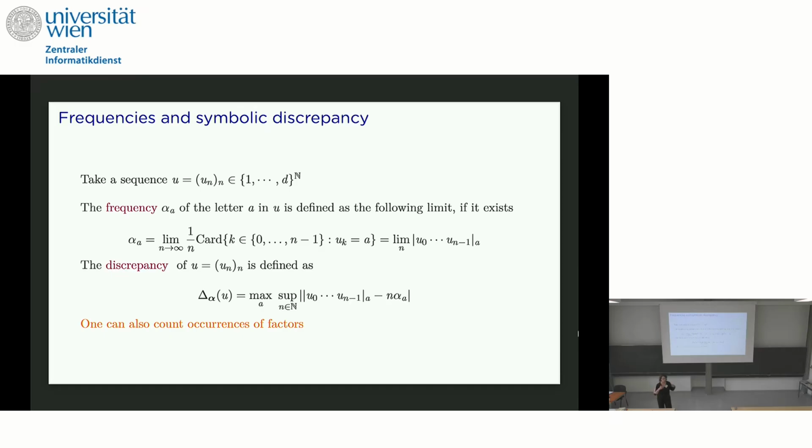In the same way as we took the first n terms k alpha, and you want to see how often you visit an interval, that's the same: you take the first n letters of your word and see how often you find the letter A. That's on the prefix. And then we have a finite alphabet, so we take the max over all the letters.